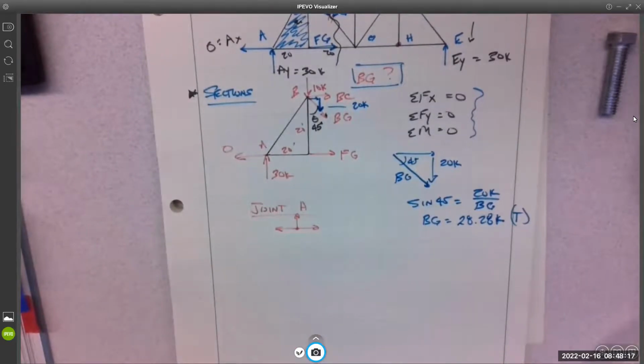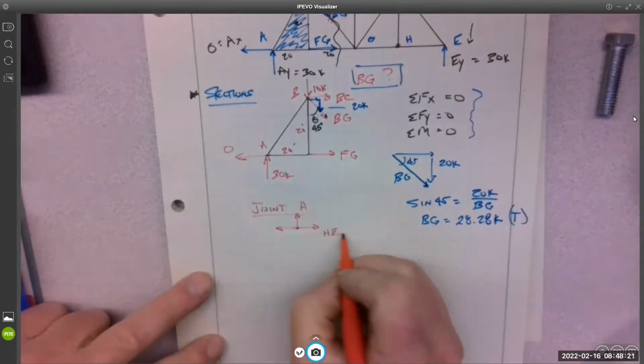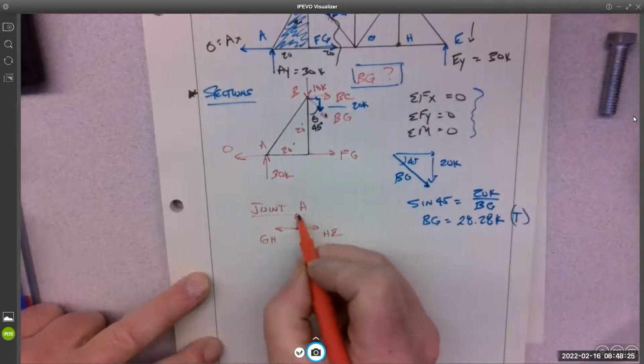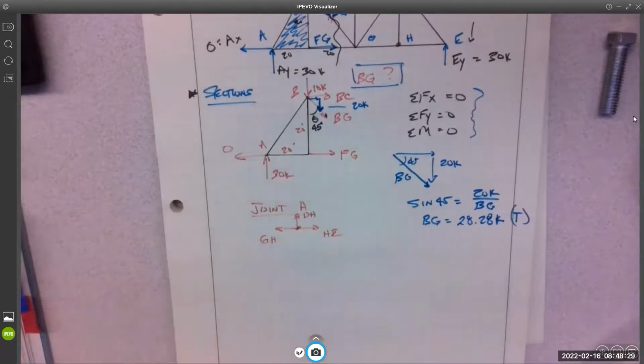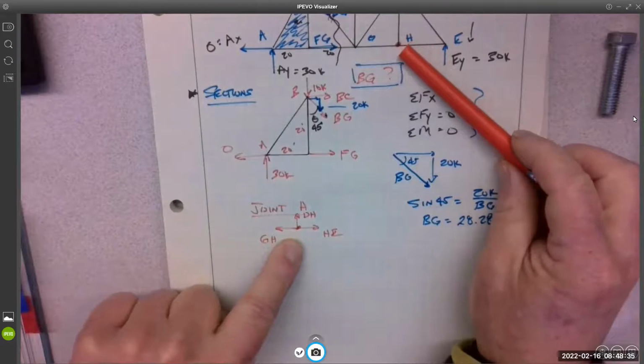I'm just going to point them all out. This is HE, this is GH, and this is DH. Everyone good? Everyone follow what I'm doing? That is just a free body diagram of that joint H.